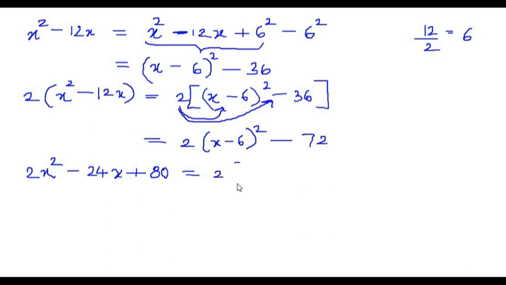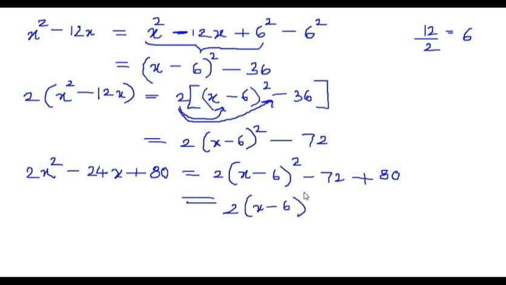So we get 2 times x minus 6 the whole squared minus 72 plus 80. So we finally get the answer as 2 times x minus 6 the whole term squared, and negative 72 and positive 80 gives us positive 8.